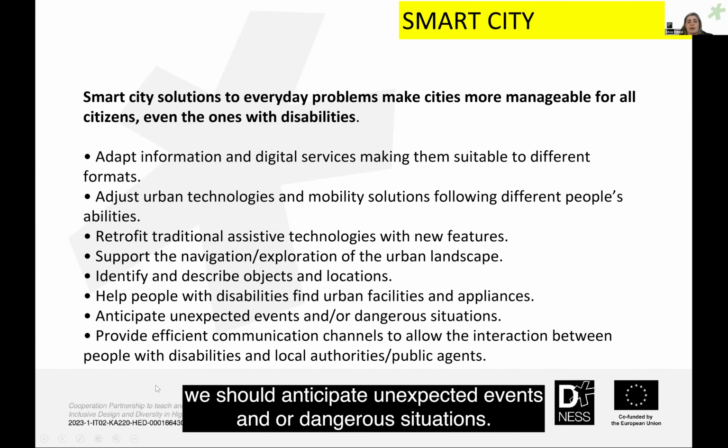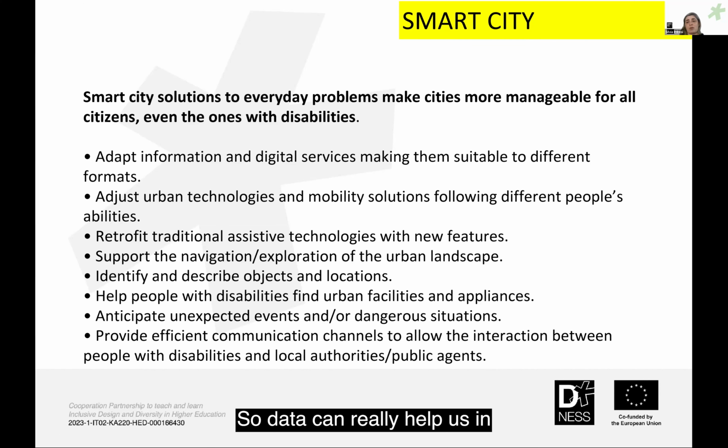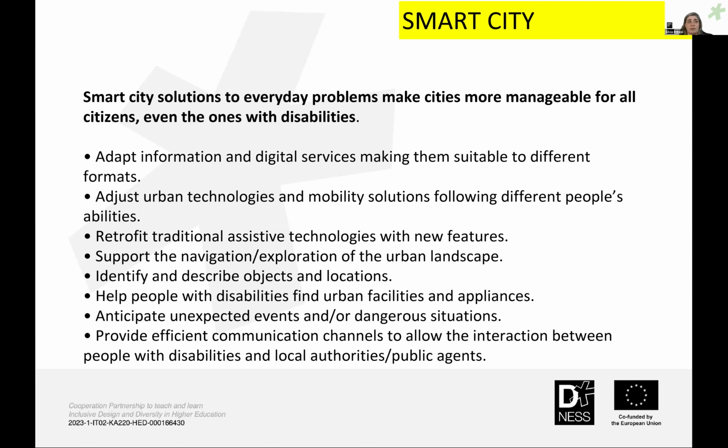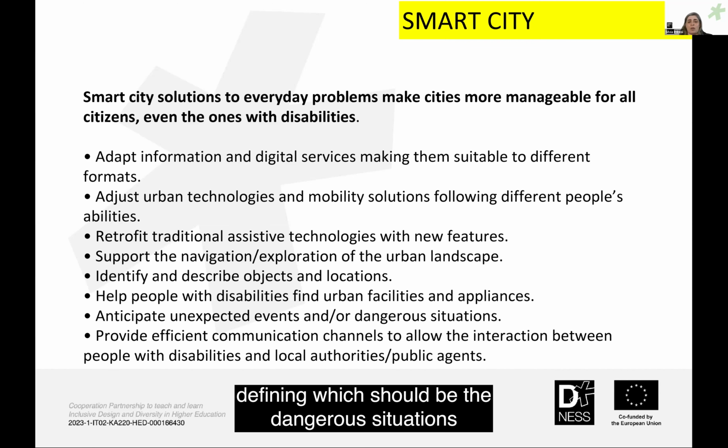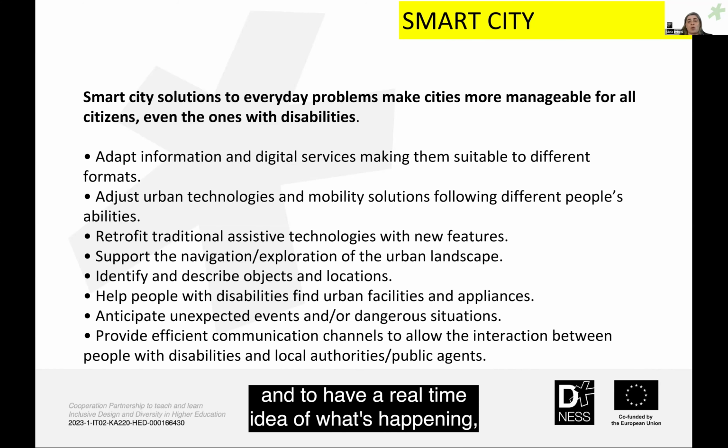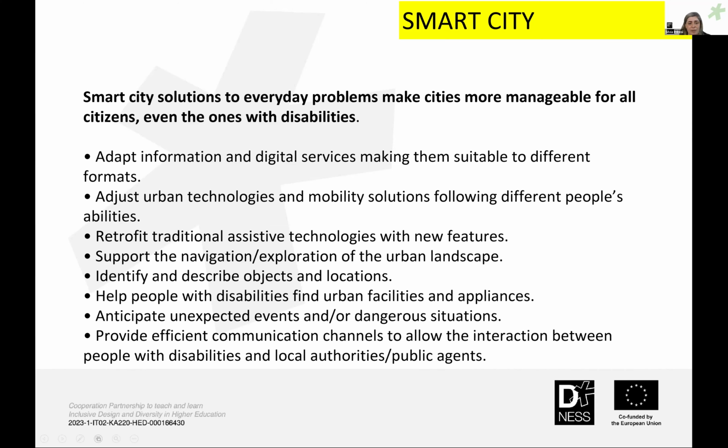We should anticipate unexpected events and or dangerous situations. Data can really help us in defining which should be the dangerous situations and to have a real-time idea of what's happening.